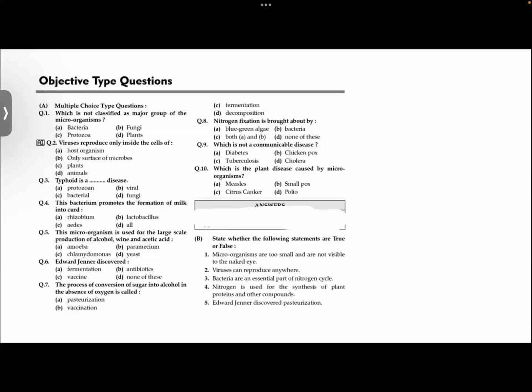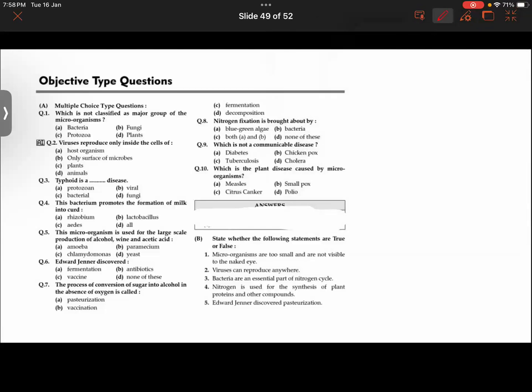Sir, I will resend the sample. I think there's some problem in my WhatsApp. If you guys are having difficulty in submitting it there, you can directly send it in the group.